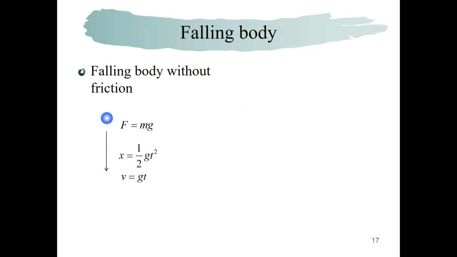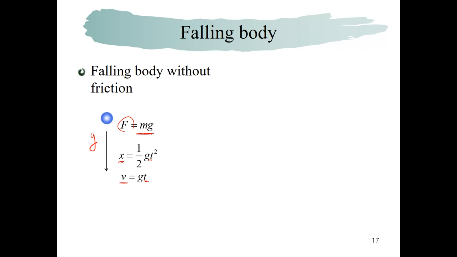Just imagine a falling body. If we have a mass m and gravitational acceleration g, the acting force is mg. And we can easily obtain the position and the velocity as a function of time.